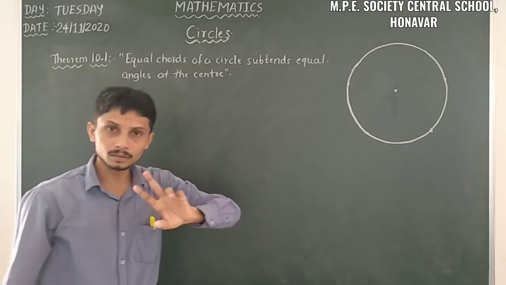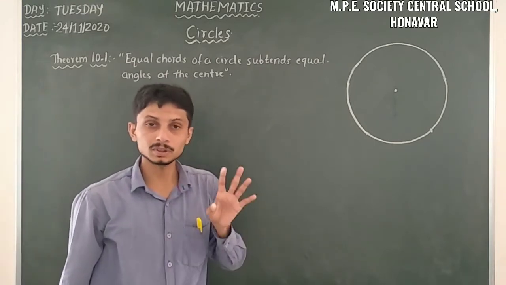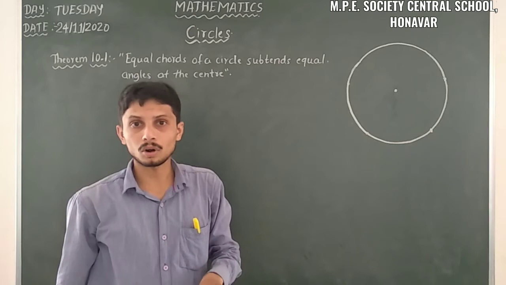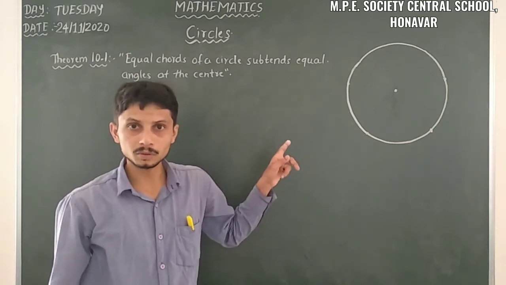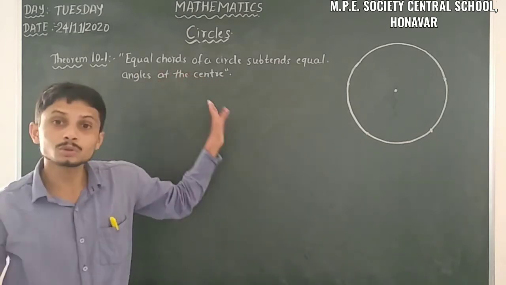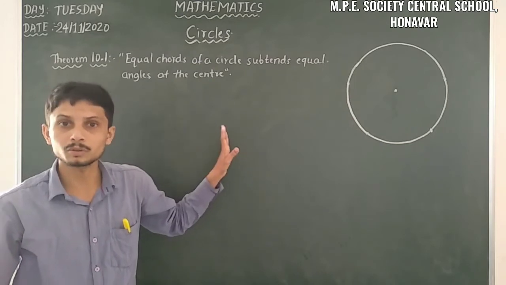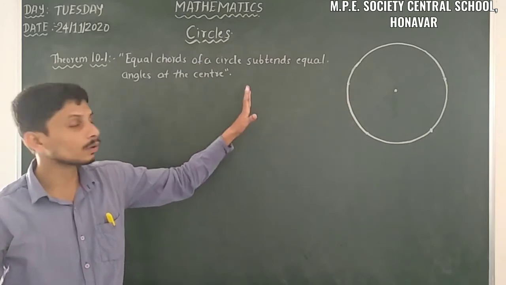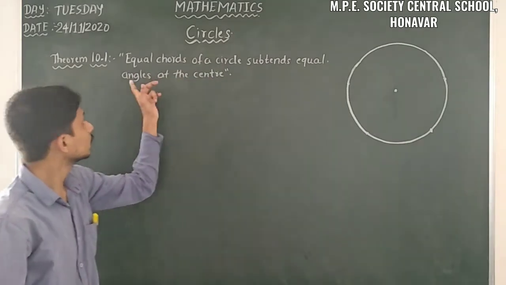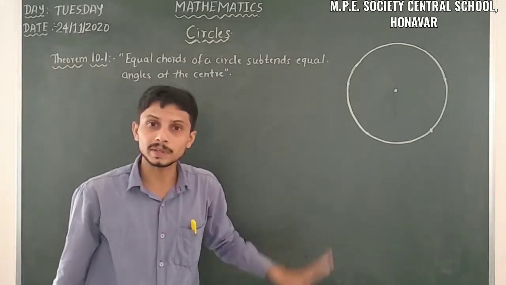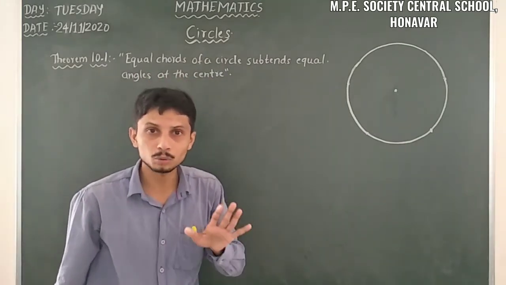That means we have two chords, and we have to consider those two are equal. We have to prove that those two subtend equal angles at the center.